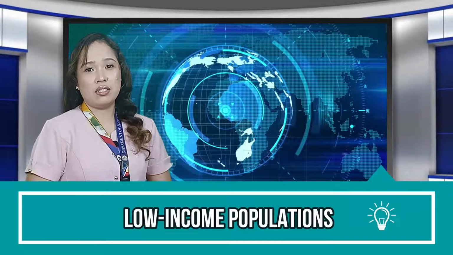The following are the part of the demographics that are affected by substance use and abuse. First, low-income population. Substance abuse may occur to relieve the stress associated with poverty, chronic social strain, and other difficult events. Second, children.